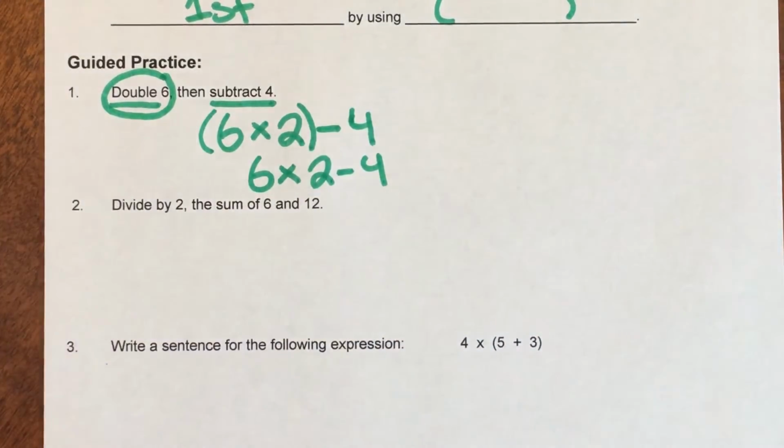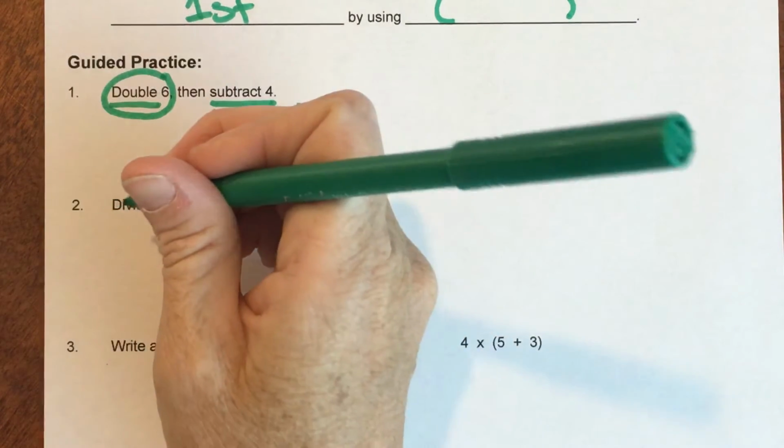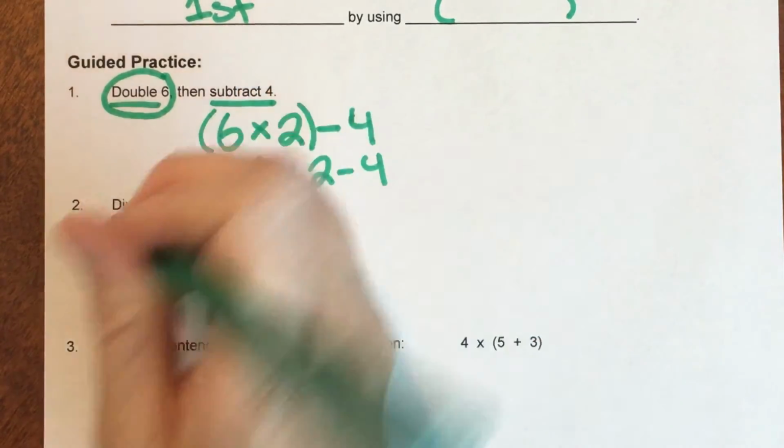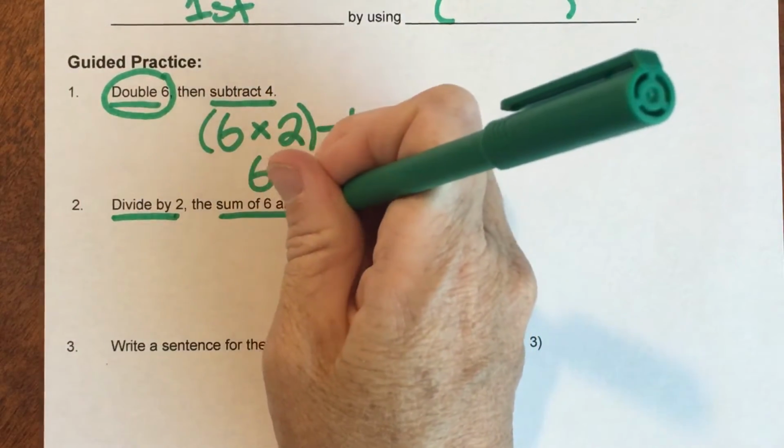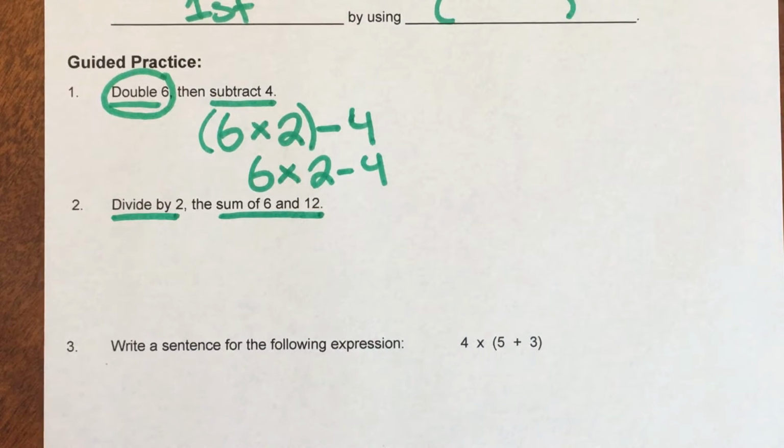Okay, all right, our next one, we're going to read it again and look for our two parts. Divide by 2 the sum of 6 and 12. So I have divide by 2 as one part and sum of 6 and 12 as another part. So this is the hard part. What should I do first?